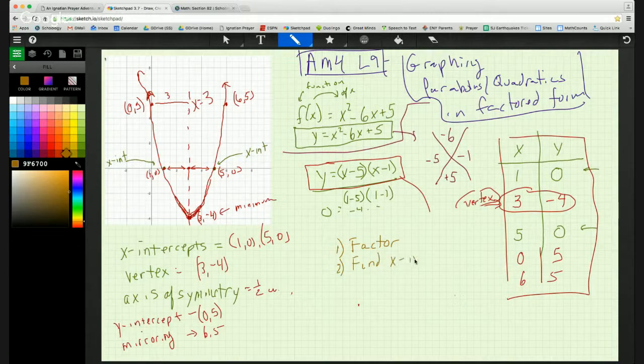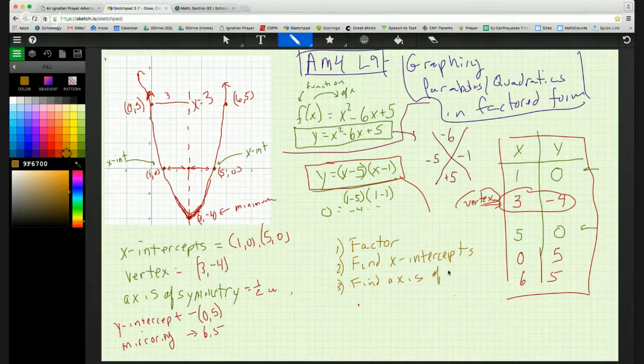We call them zeros. Sorry, you'll see why later on in this unit. Find our x-intercepts, and then we find our axis of symmetry.